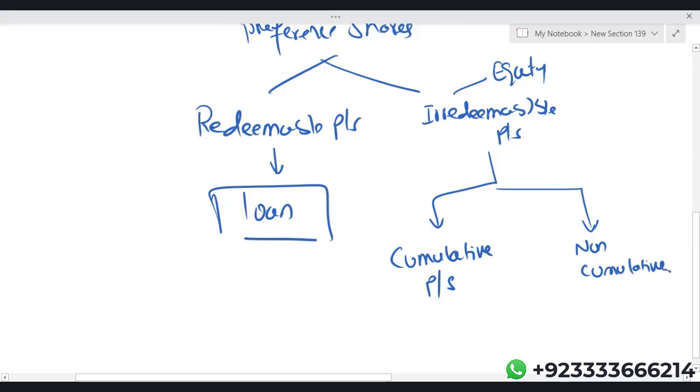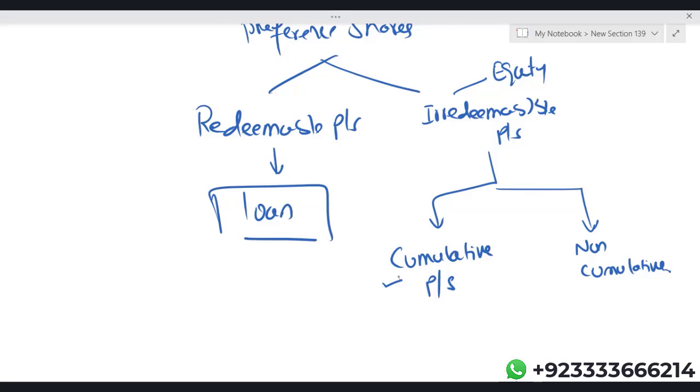In case of cumulative irredeemable preference shares, either the company has declared the dividend or not, irrespective of that fact, you have to calculate the dividend, and while calculating EPS, you have to deduct the preference dividend.